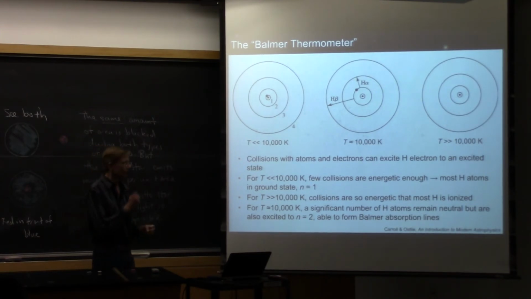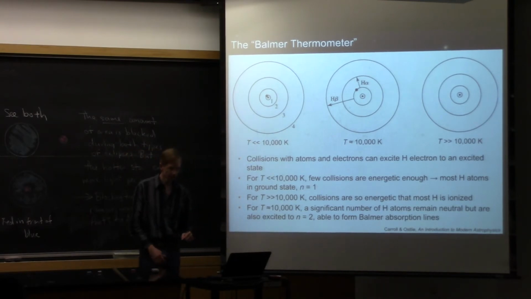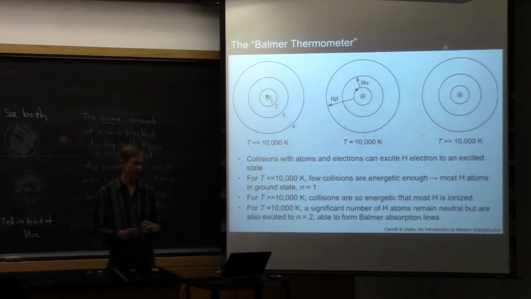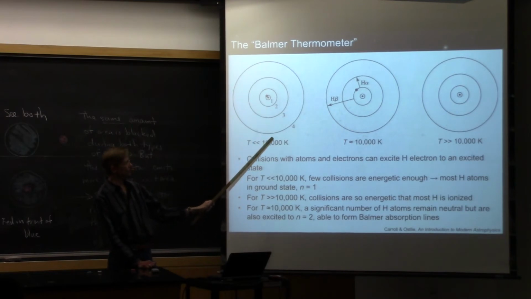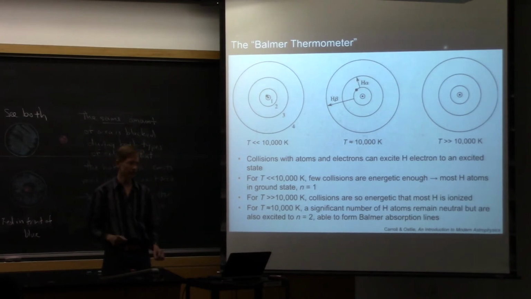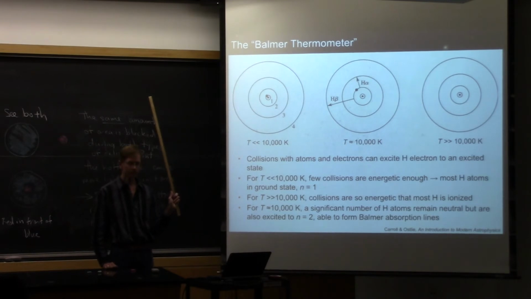In a star whose temperature is a lot less than 10,000 Kelvin, the atoms aren't moving fast enough for there to be collisions that kick the electron out of the ground state. So in low temperature stars, virtually all of the hydrogen atoms are sitting in the ground state, the lowest energy level, and they can't absorb visible light as a result.